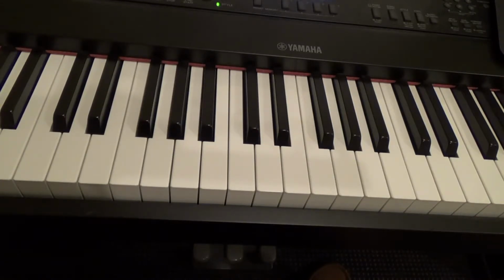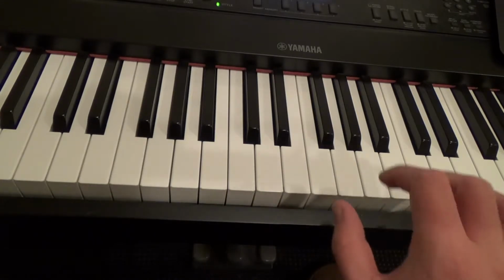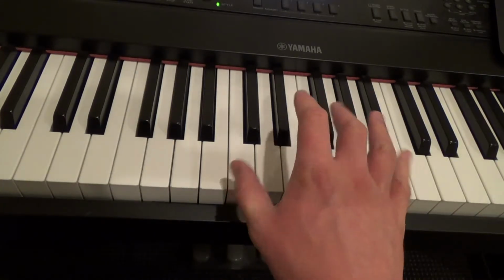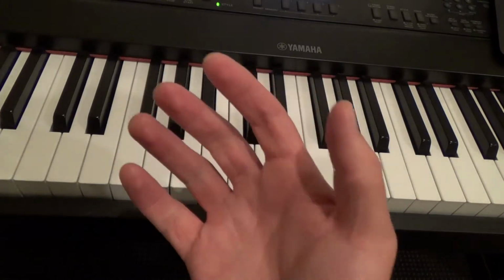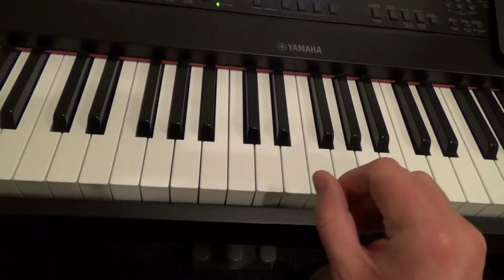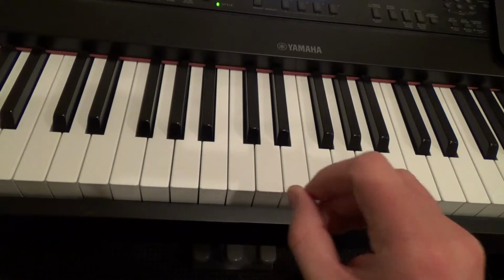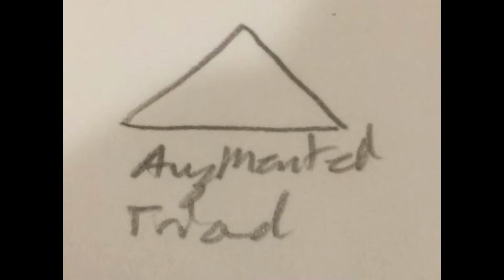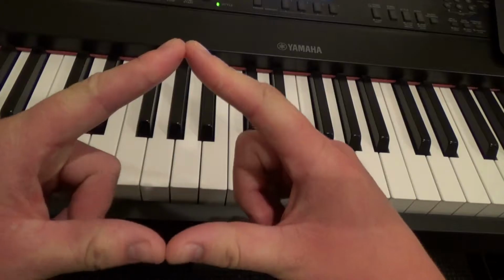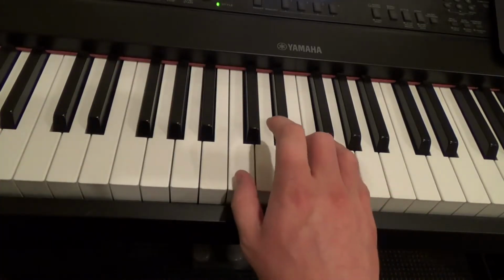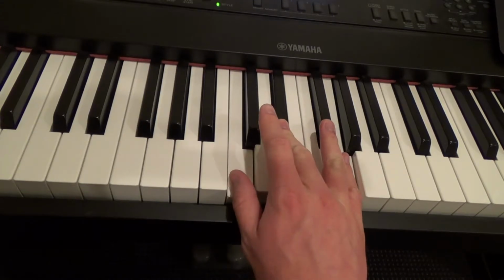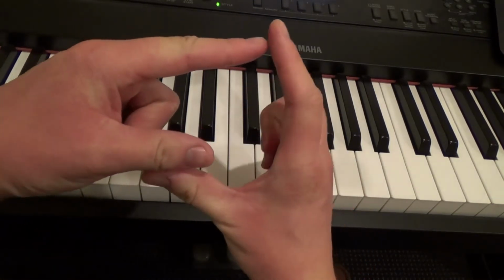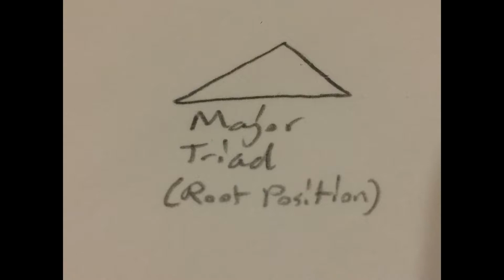I'm referring to the fact that if you could draw out the different intervals or chords as a triangle, for example, a dissonant triad would look something like an isosceles triangle, as opposed to a major triad or a minor triad, which would look something like a scalene-ish triangle.